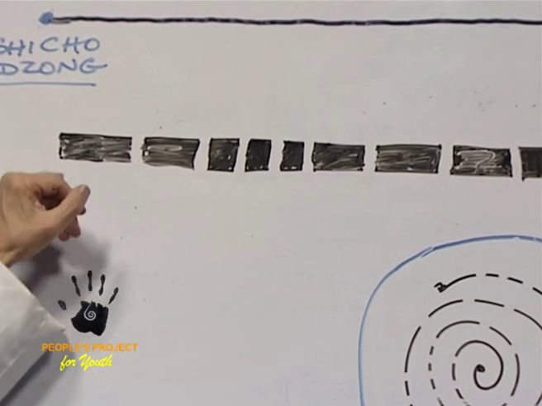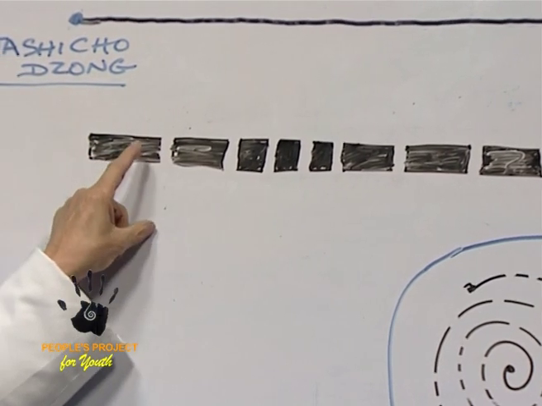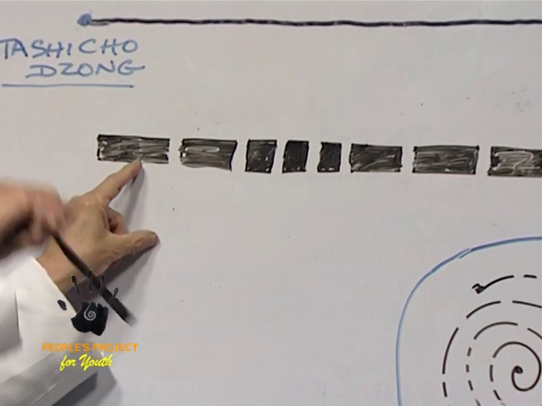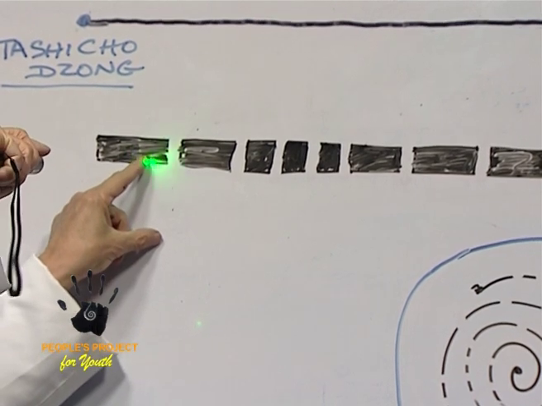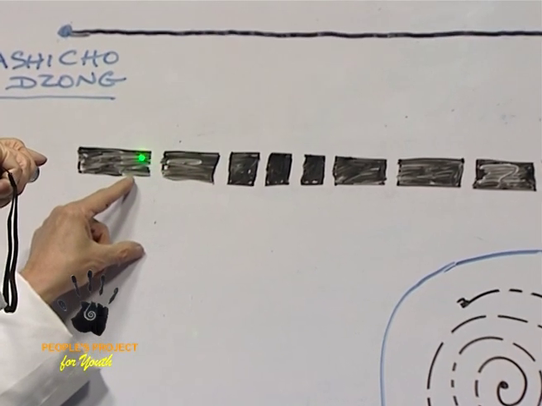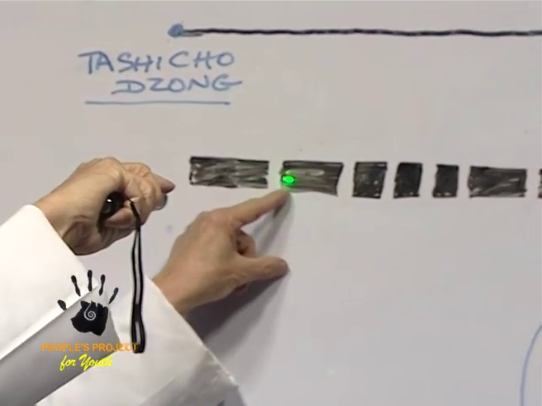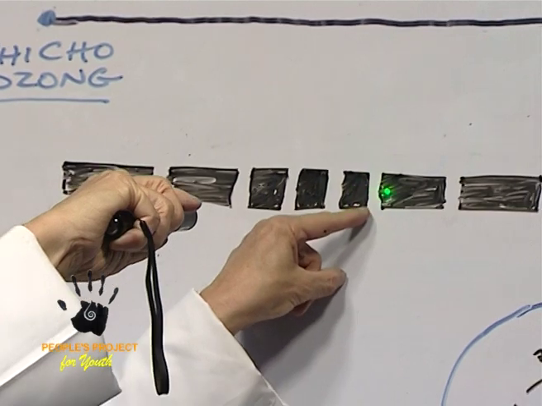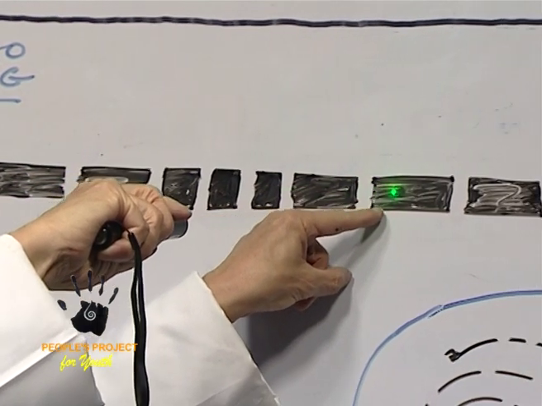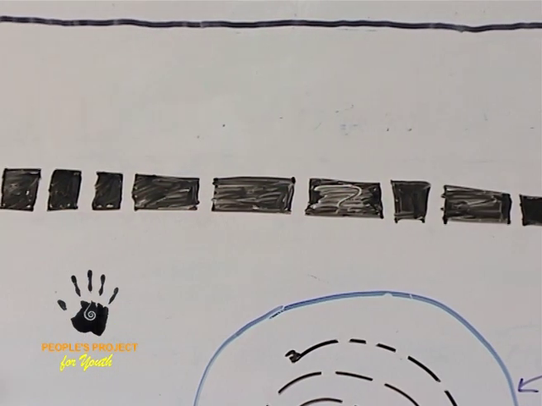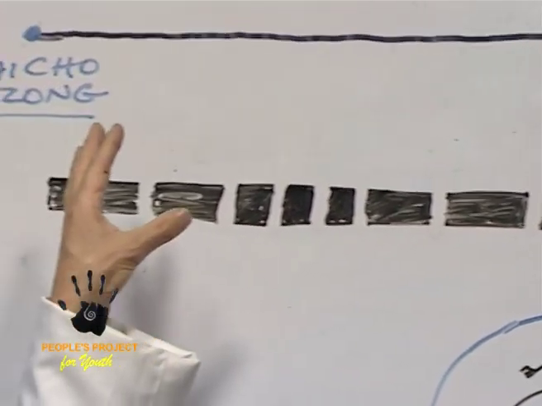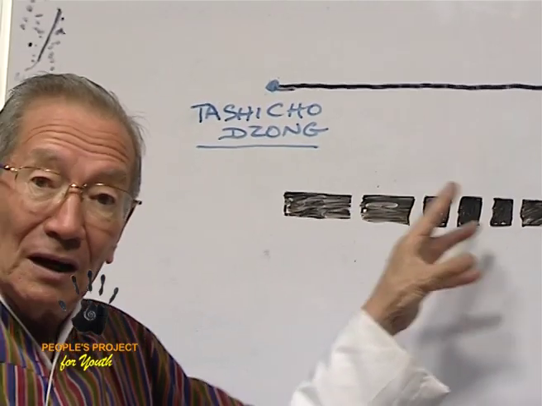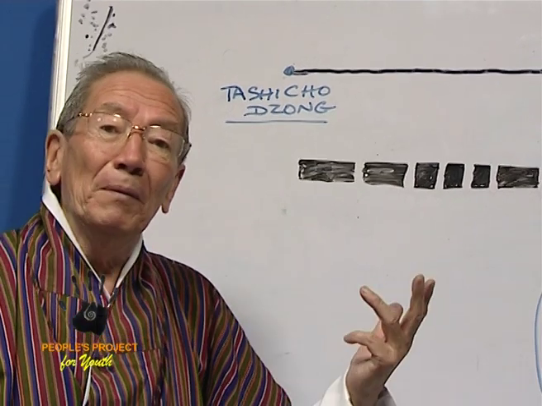Now, if I shine a light on this, where it's black, I'll get no reflection of the light. Where it's white, I'll get a lot of reflection of light. So, if I run my laser beam down here, I get light, no light, light, no light, light, no light.